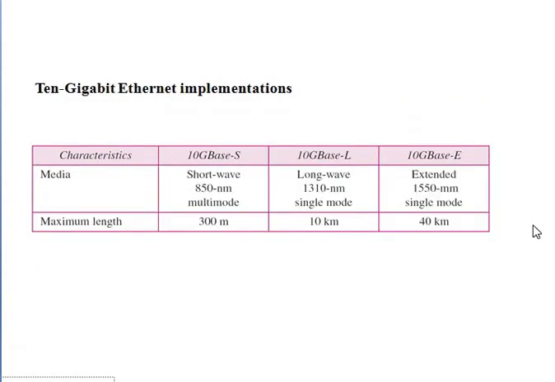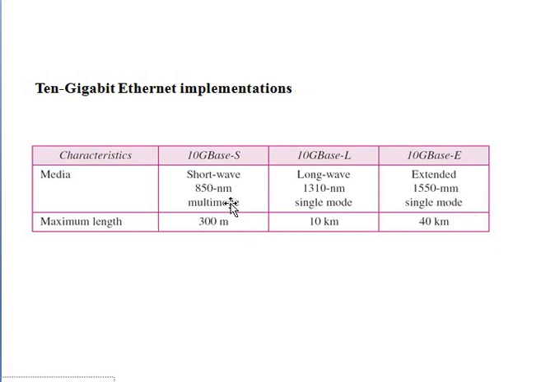Last one, we have the 10 gigabit Ethernet implementation. We have 2 characteristics, one is media and the other is maximum length. The 10 gigabit Ethernet implementation is divided into 3: 10GBase-S, 10GBase-L and 10GBase-E. The media for 10GBase-S is short wave 850 nanometer multimode, 10GBase-L is long wave 1310 nanometer single mode, and 10GBase-E is extended 1550 nanometer single mode.